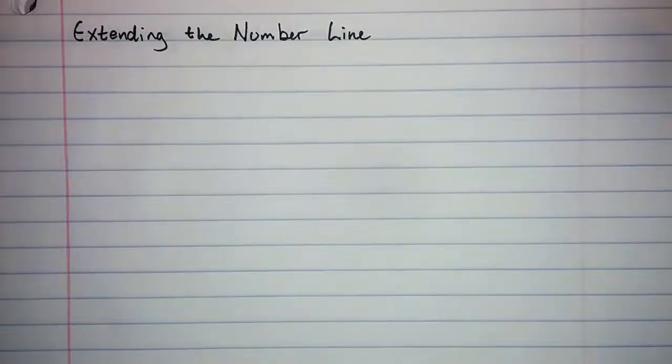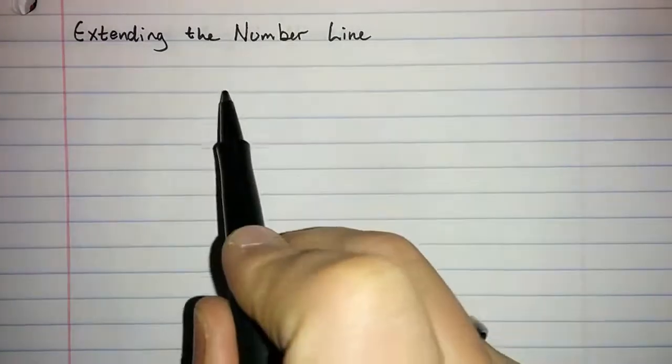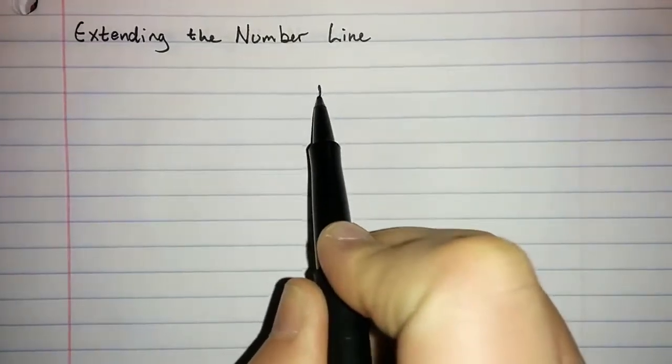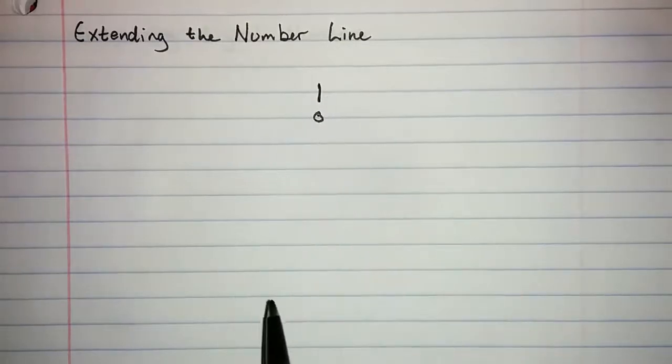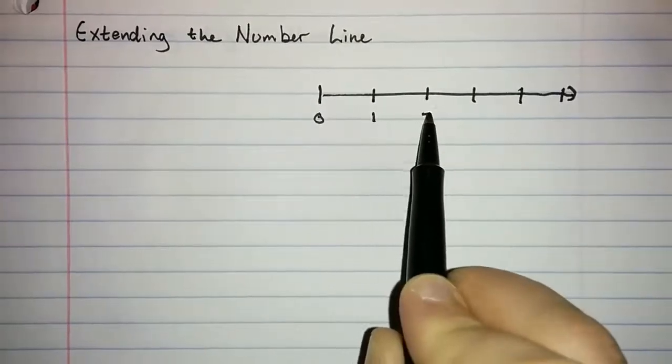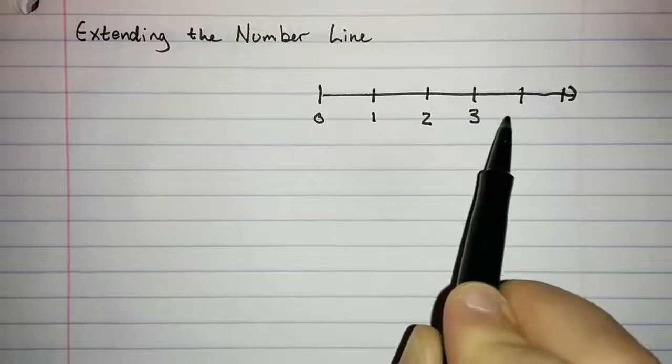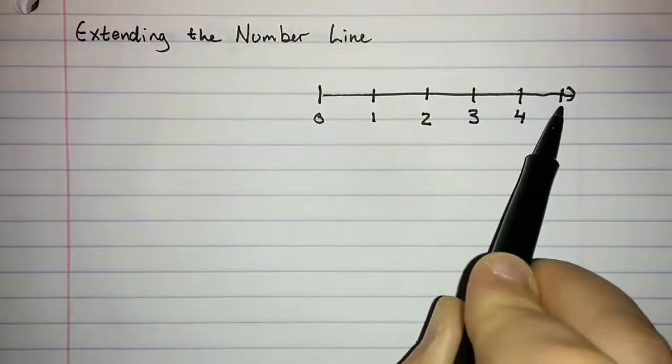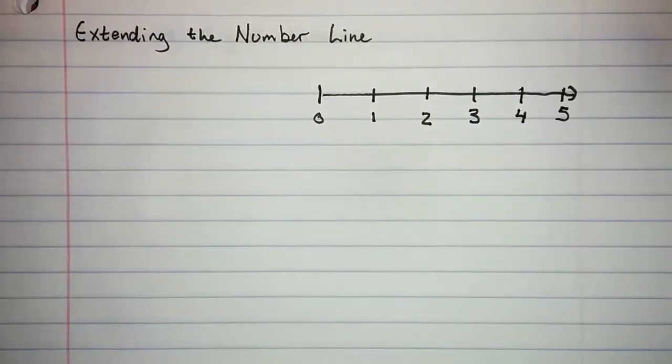Let's think back to how we've developed the numbers that we have so far. We started out counting on a number line. So we had 0, 1, 2, 3, 4, 5, and so on.